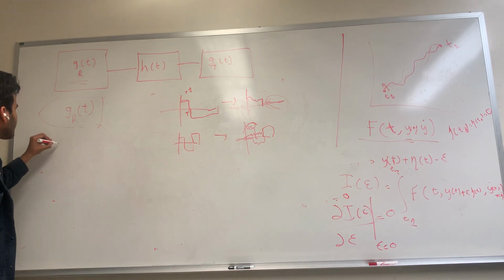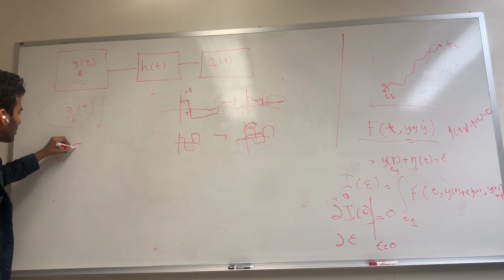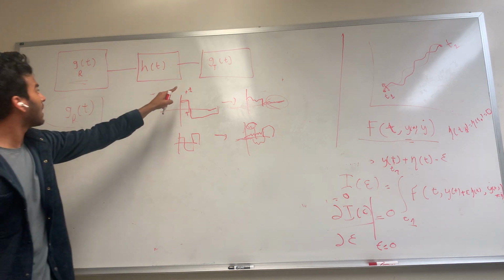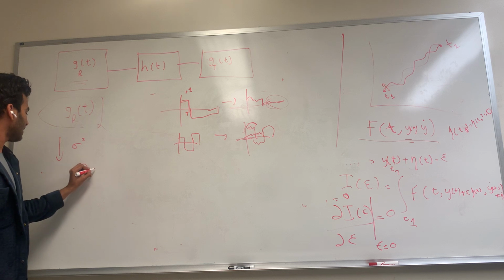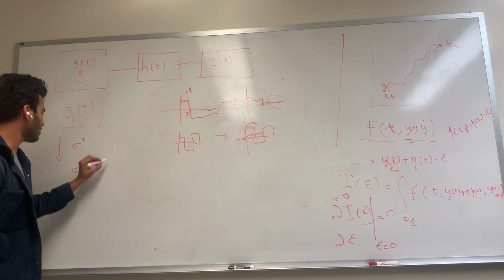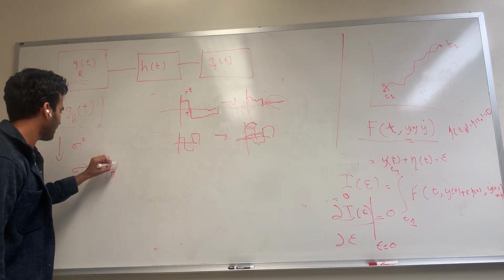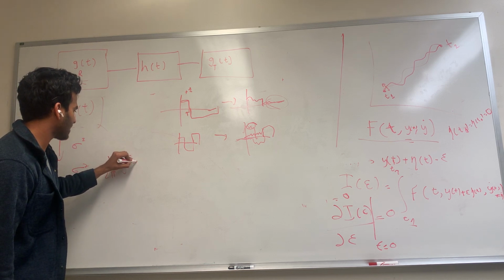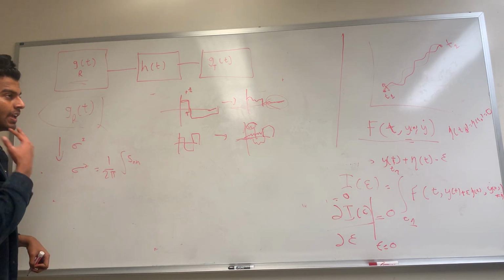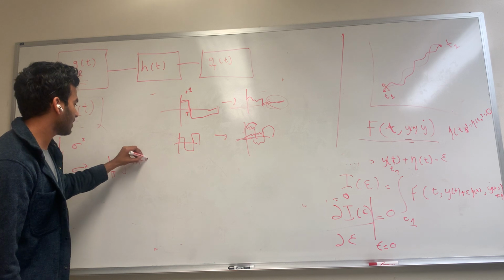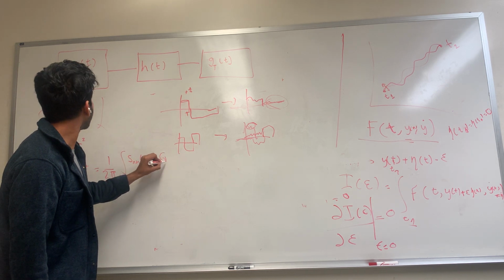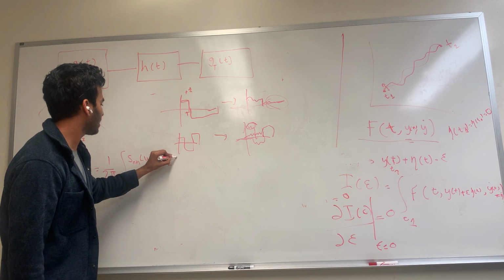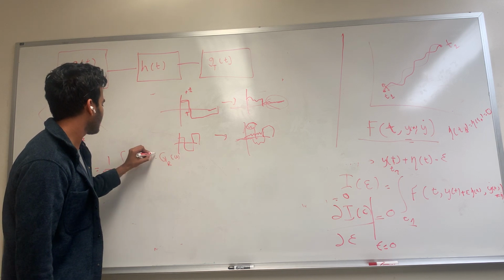Our goal is to minimize the noise received by the receive filter. So this sigma squared is equal to 1 over 2 pi times the integral of SNN of omega times the magnitude of GR of omega squared, where SNN is the power spectral density of AWGN noise.